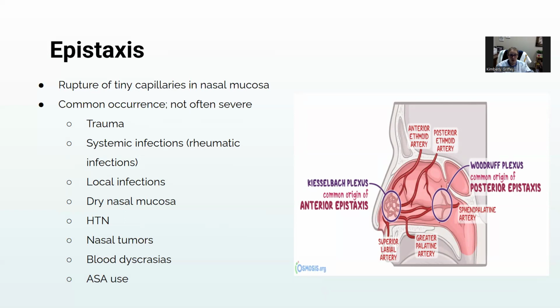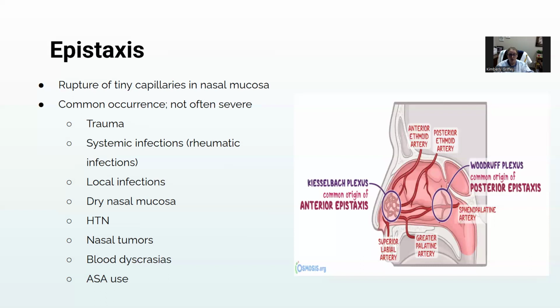And trauma can be if you break your nose, or people that pick their nose can get too far and rupture some of those vessels. You can have a systemic infection. You can have a local infection. You can have dry nasal mucosa. So if the air is drier up there, you're more likely to cause bleeding.